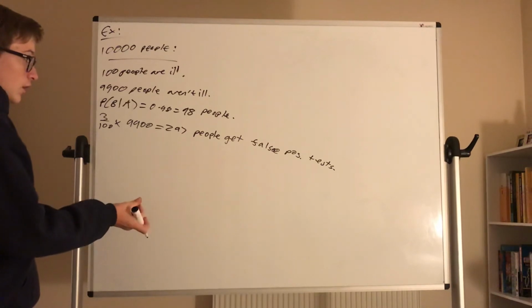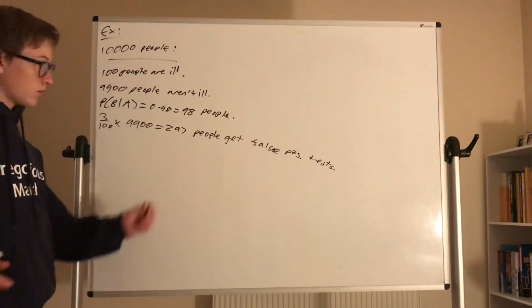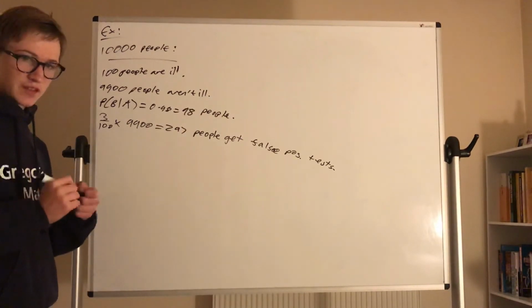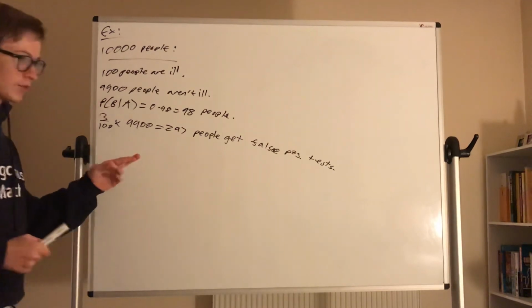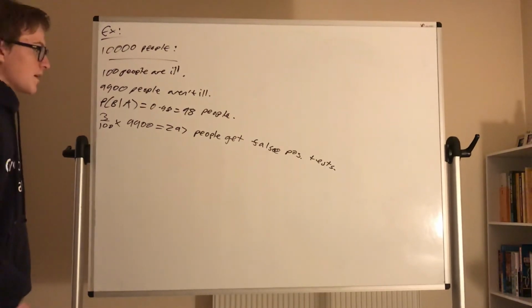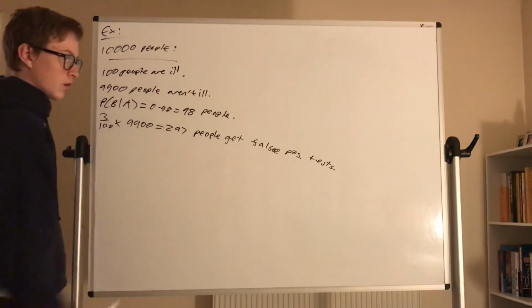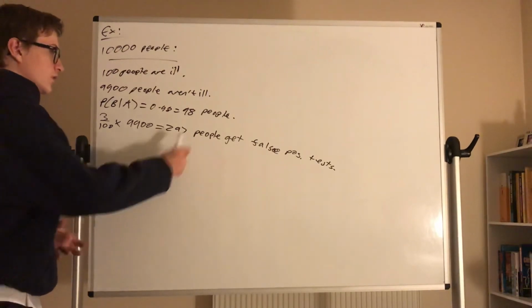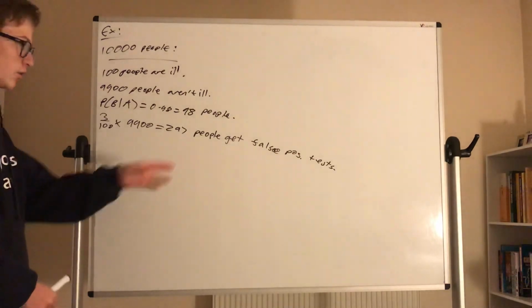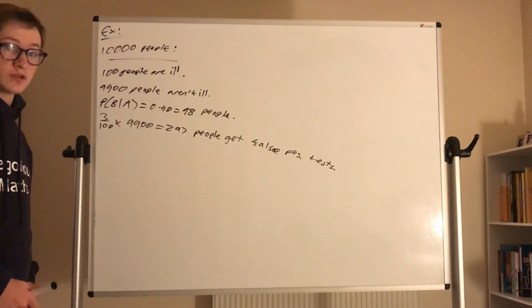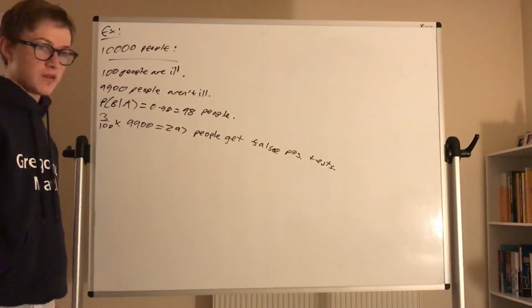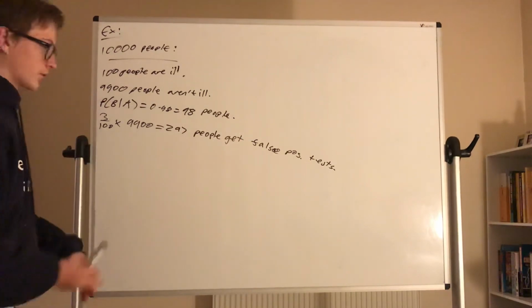And so the probability that you're actually ill now becomes an easy probability question, because I have 297 who get false positive results and 98 who get true positive results. What's the probability that a positive result is genuine?